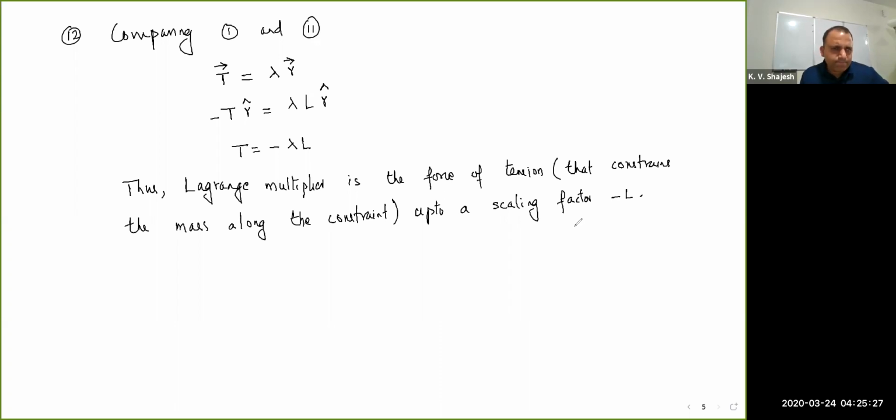This hopefully gives you some insight on how constraints are captured in the Lagrangian formalism. We'll do more examples in the future.